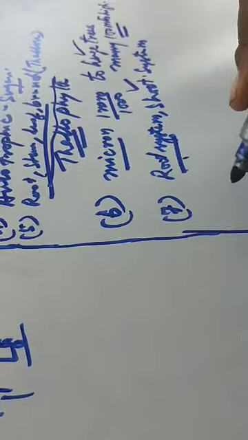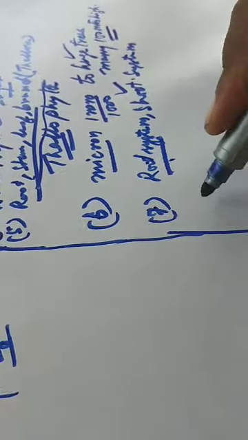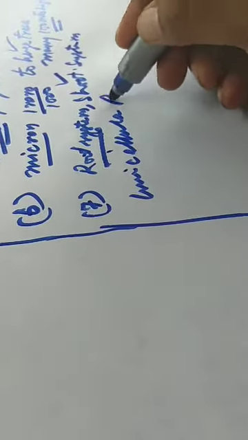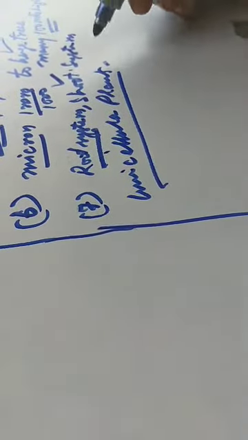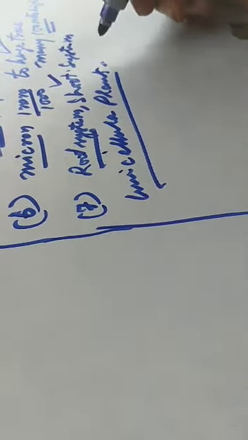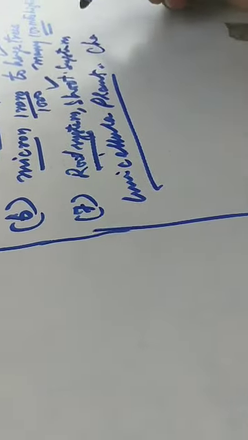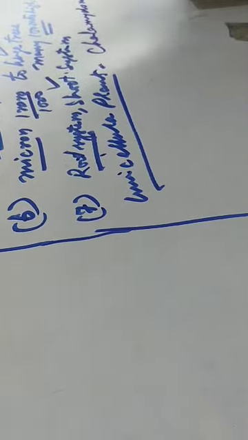And some common examples of plants you may be asked in the examination: name a unicellular plant. Though this is not very correct to say they are plants, we read them for the sake of study. We have kept them in plants. Unicellular plant, you can say Chlamydomonas, right?